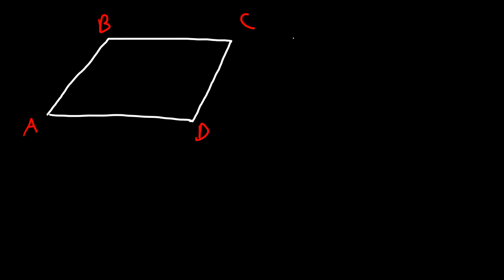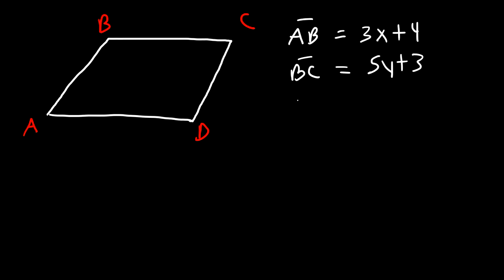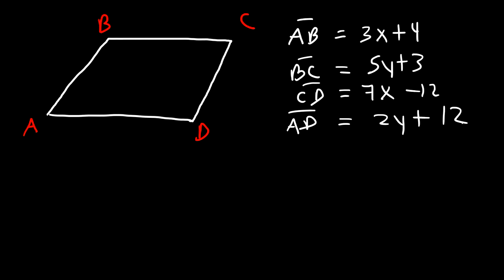So let's say that AB is equal to 3x plus 4, and let's say BC is equal to 5y plus 3, and CD is equal to 7x minus 12, and also AD is 2y plus 12. So with this information, calculate the perimeter of the parallelogram.